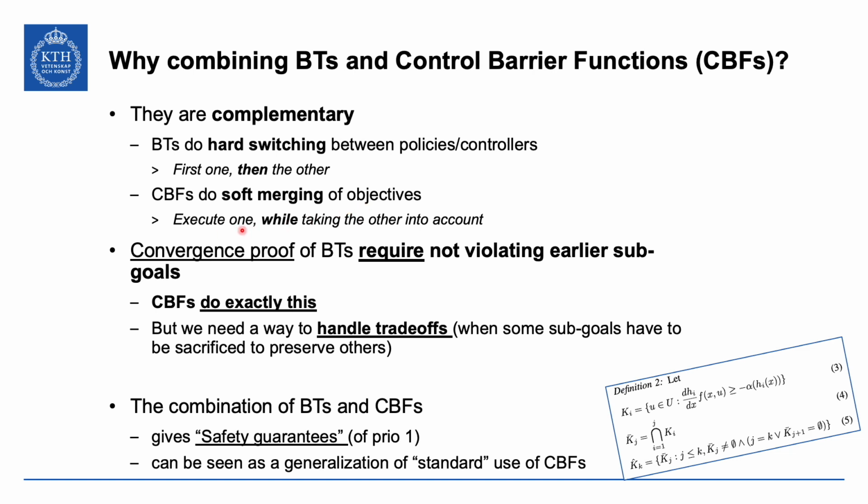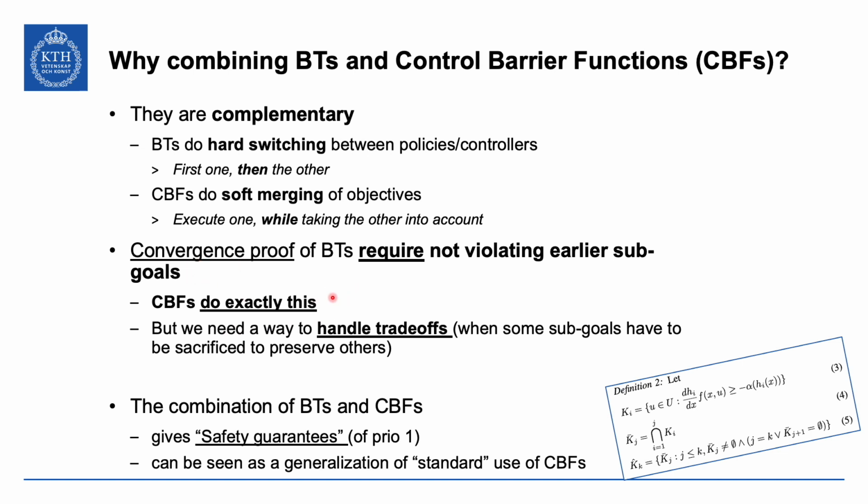So execute one controller while taking other objectives into account. We also noted that the convergence proofs, either in the backchain design or in this general operating region version, require not violating earlier sub-goals, and control barrier functions do exactly this.